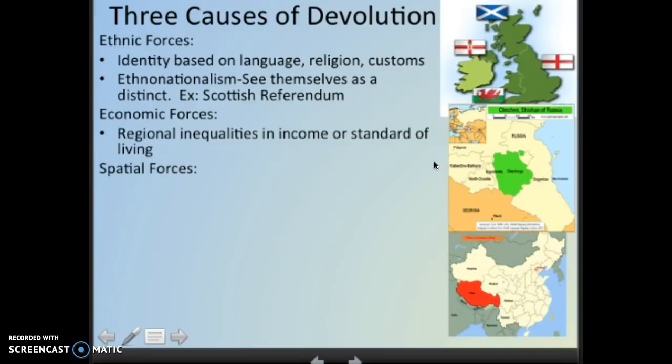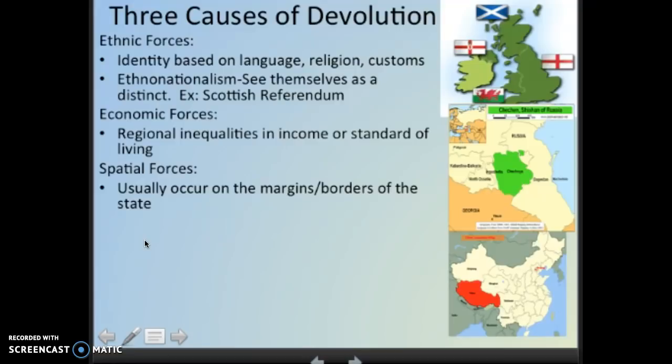Spatial forces. These places might be on the borders or feel very geographically disconnected from the capital. You could say that Tibet is a combination of ethnic and spatial forces, because the Tibetan people do have a different ethnic identity, in that they believe in Tibetan Buddhism, and that area of China is not as economically developed.